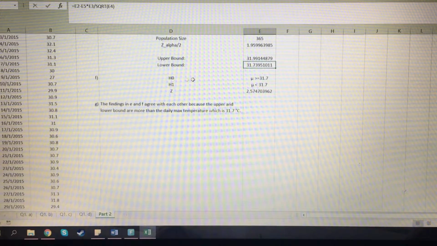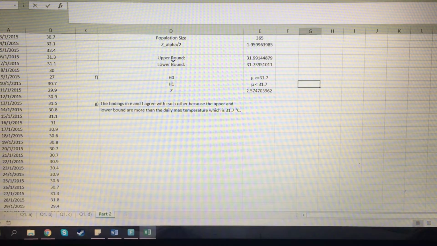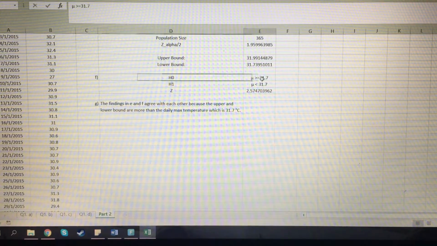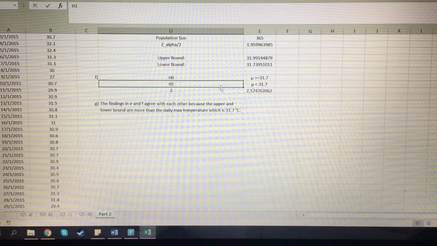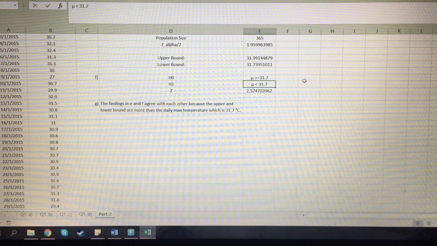So moving on to question F. So the H0, the mean is more than or equals to 31.7. For H1, the mean is less than 31.7.